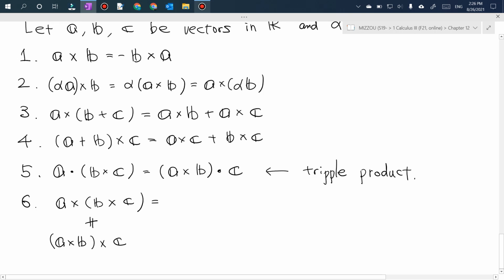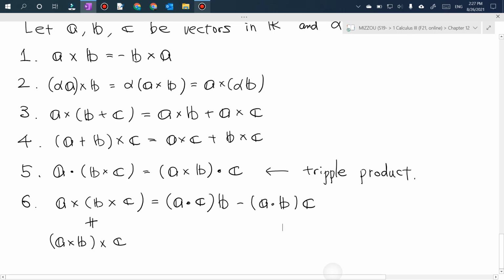Unfortunately, this is not the case, but this is actually equal to A dot C times B minus A dot B times C. So remember, dot product is a scalar. Cross product is a vector, dot product is a number. So this is just a number, and you just multiply this number to the vector B, and minus, you get this number, and you just multiply the number to the vector C. Looks a little weird, but that's true.